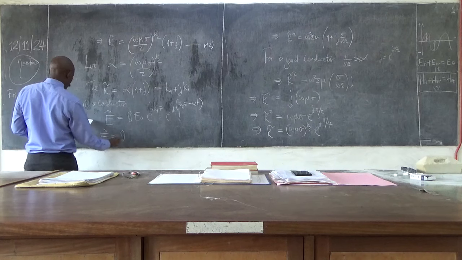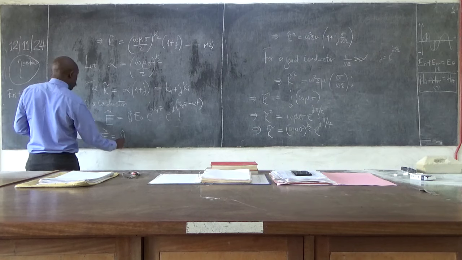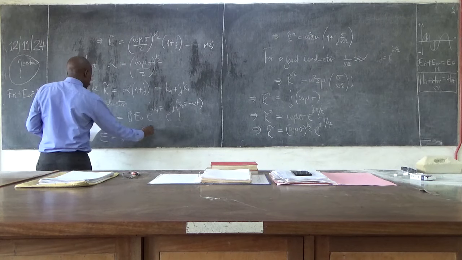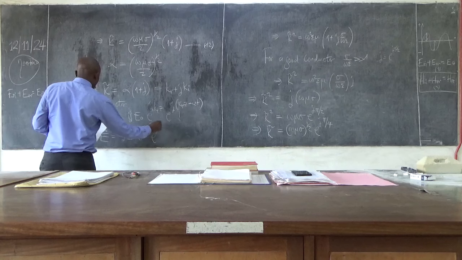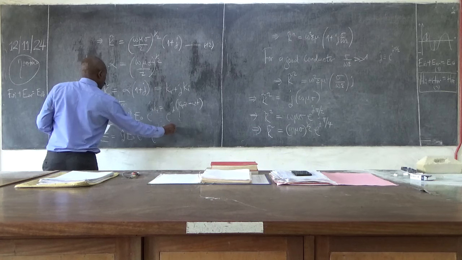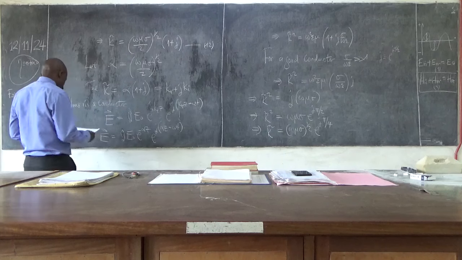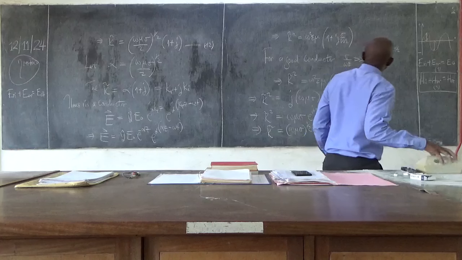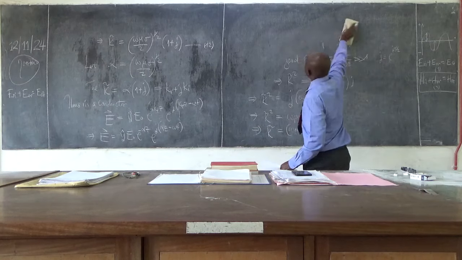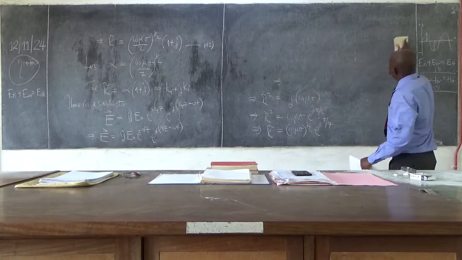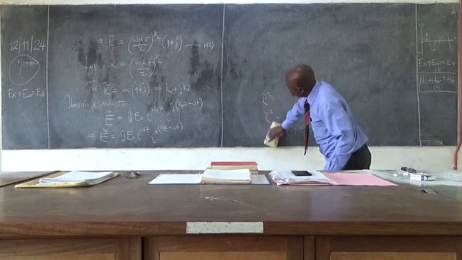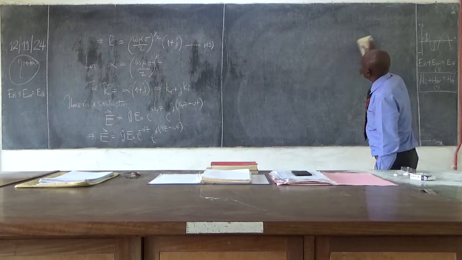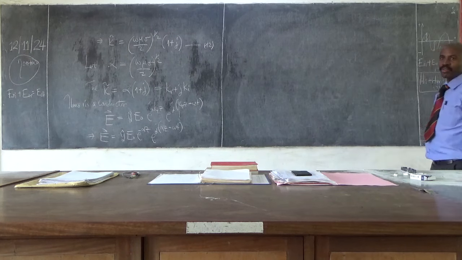This would be Y roof, and then you have E naught exponential minus alpha Z exponential J alpha Z minus omega T. This is for the electric field. They sat down and did all this stuff. After the juju, they made sure they get equations for it.